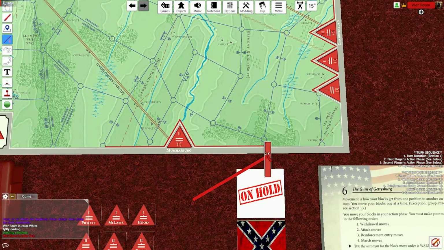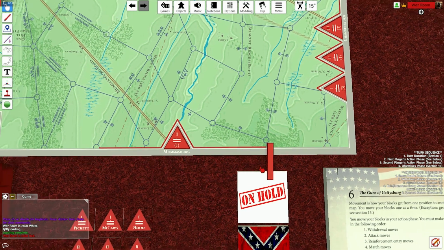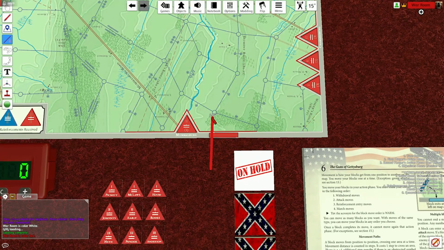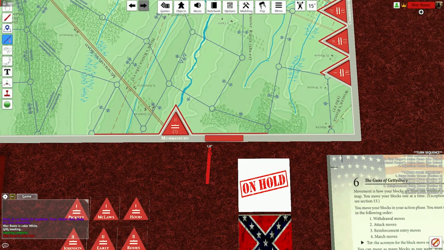In my example right here, the block is on a partial area, and he can exit the map. And he can exit the map off here, but he has to stay in this area. He cannot leave, so you probably want to put him here just to show that he's off the map. But he can come on, but he'd have to come on a march move on the next turn. And he can go into any position he wants in this particular area.